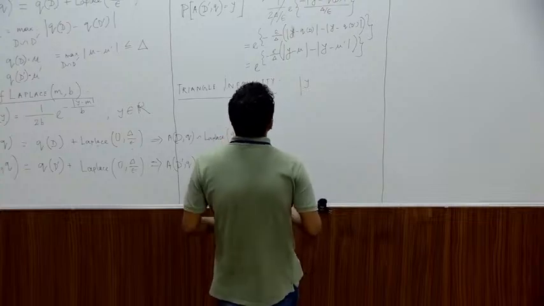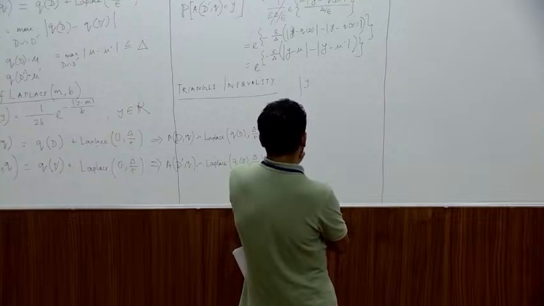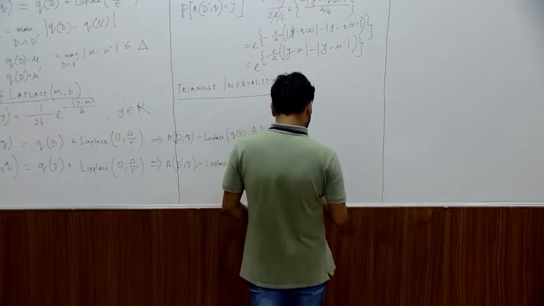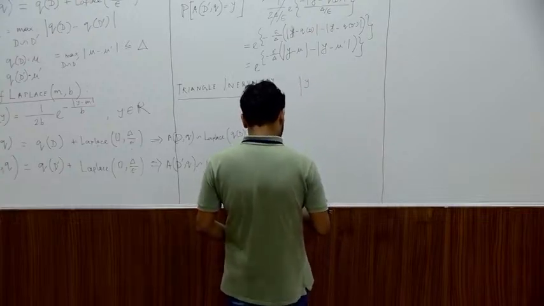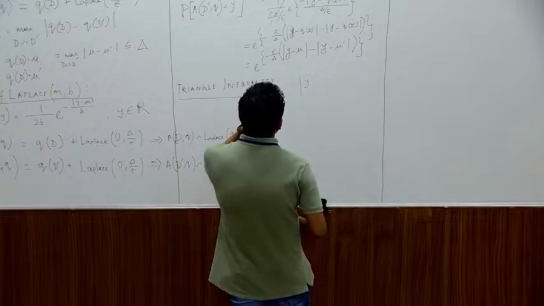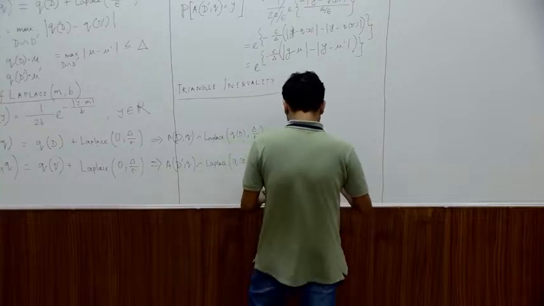No, I think some mistake is there, right? No, it's okay. So y minus mu we can write as, triangle inequality gives this, right?